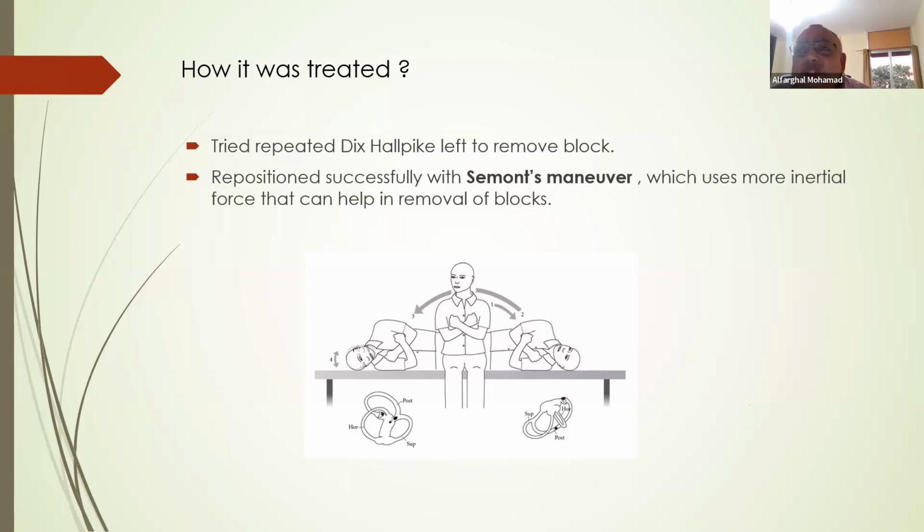Even when you bring the patient to the sitting position, you could have a few beats of downbeating nystagmus. Regarding how you interpret it, it's always the second position. If it happened to me, I'd just complete the maneuver. Having downbeating nystagmus in the third position is not a bad indicator, and you should complete the treatment.